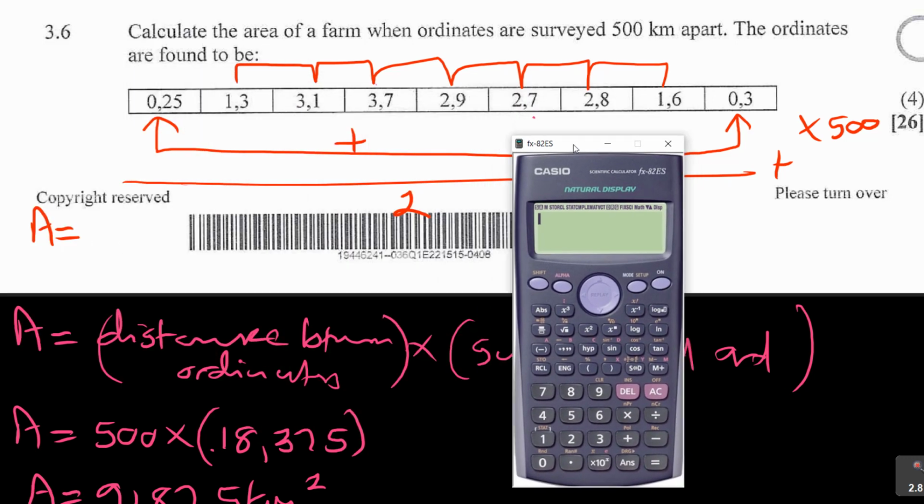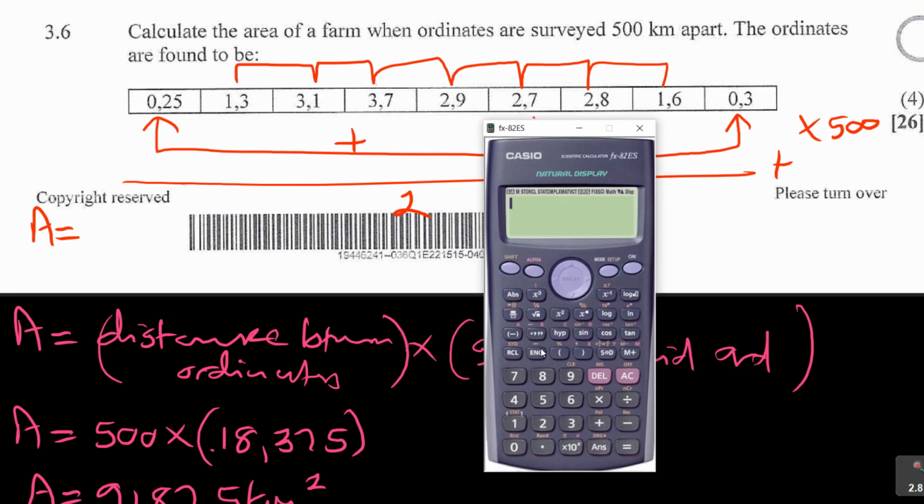Take the first, which is, let's put a bracket, it's better, and I put another bracket just in case. I take the first one 0,25 plus the last one 0,3, and then I divide by 2. Let me close that.